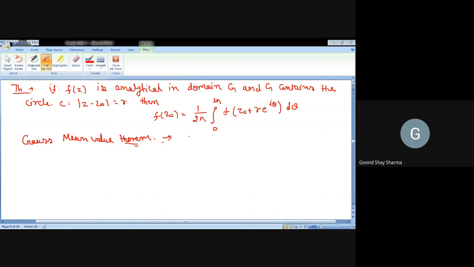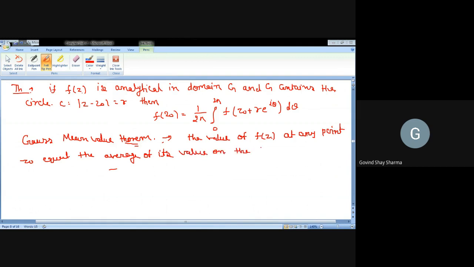It can be written as: the value of f(z) at any point z0 equals the average of its value on the boundary of the circle.